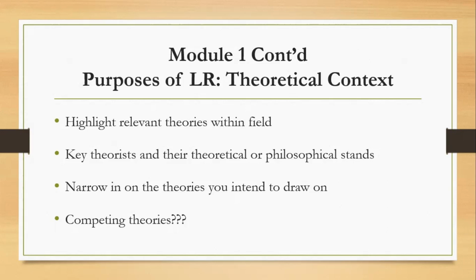And once we've done that, of course, you'll have to narrow in on the theories that you intend to draw on. But if the theories you are going to use have competition, if let's say there are 6 key theories that people always use within your field, but 2 of them always have competing views, in that case, you have to raise the competing views.